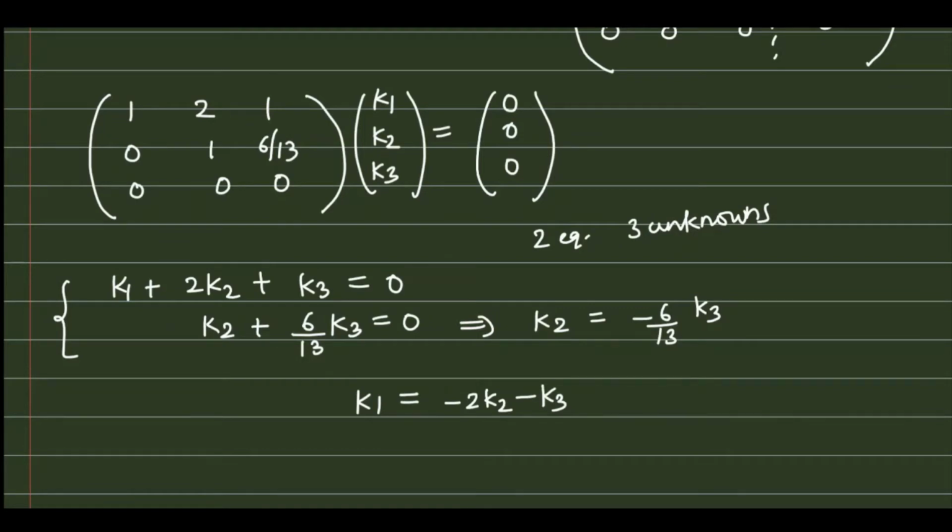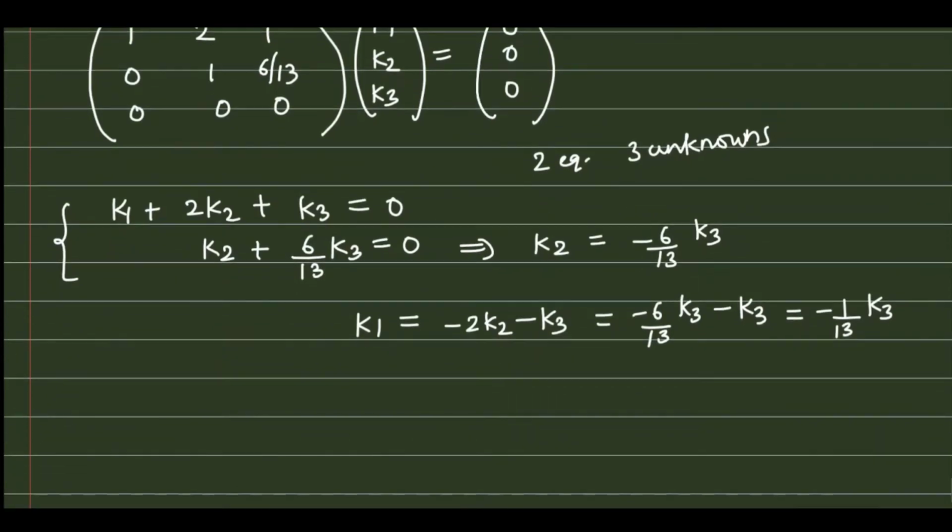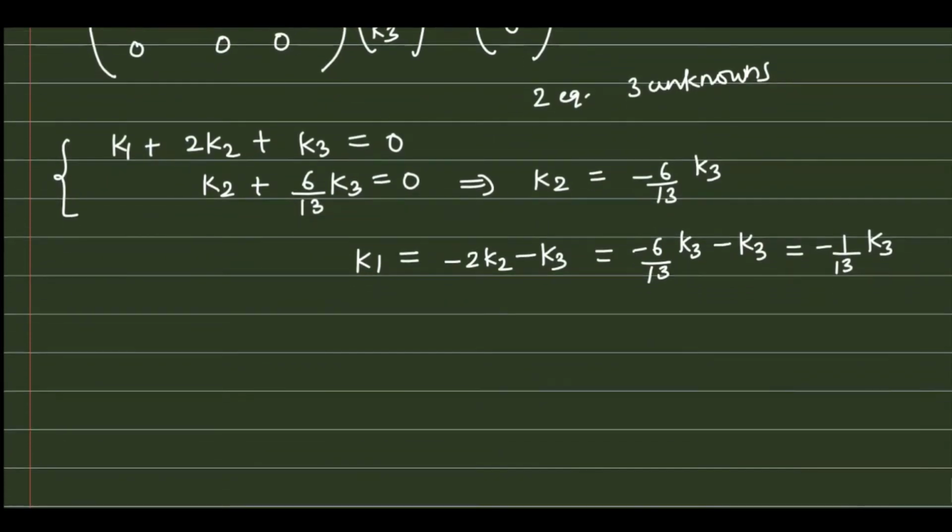So for K2 we substitute minus 6/13 K3, minus K3. This will give you minus 1/13 K3. So we got the values for K1, K2 and K3: K1 equal to minus 1/13 K3 and K2 equal to minus 6/13 K3.